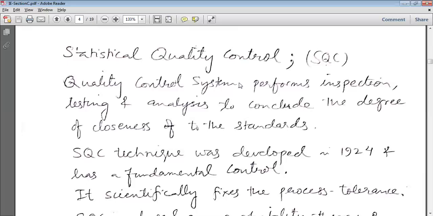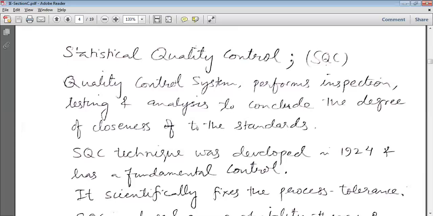So statistical quality control is the technique of reducing the number of inspections and tests in accordance with the population. This is called statistical quality control. The techniques used in SQC are statistical and are based on statistics, hence known as statistical quality control.